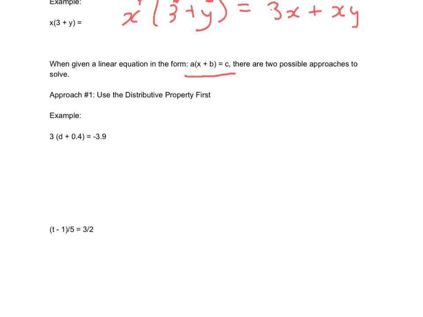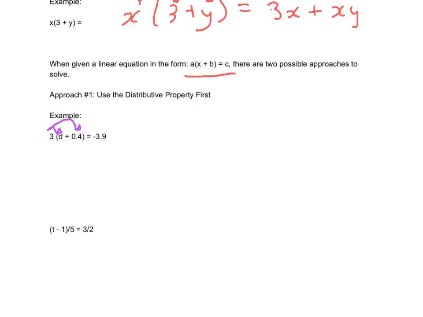Okay, so to do that, we'll show you a couple examples. So we got 3 multiplied by d plus 0.4 in brackets, and that's equal to negative 3.9. So remember, distributive property means that 3 needs to be multiplied and distributed to both of those values.